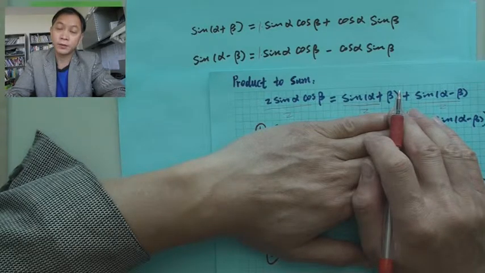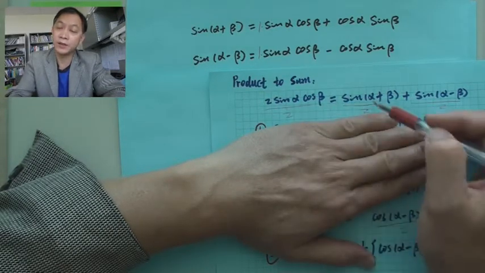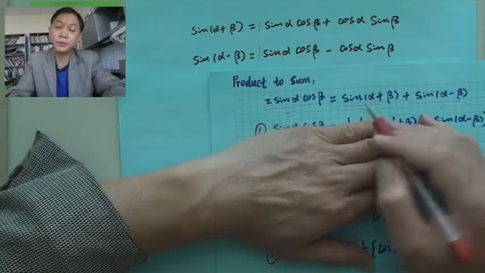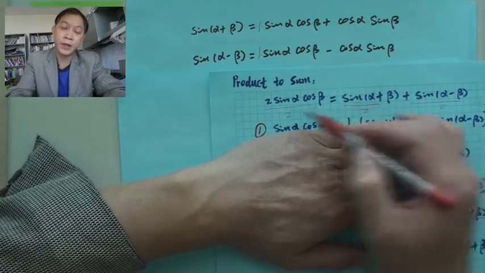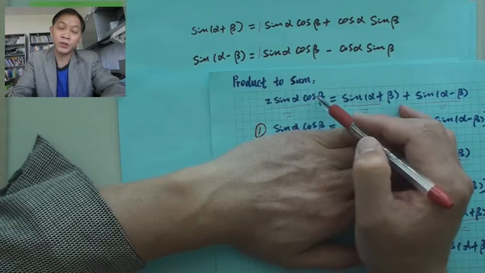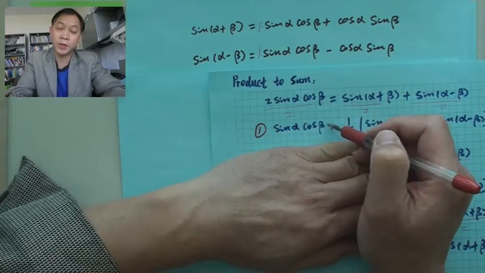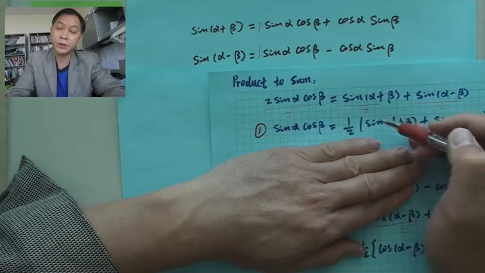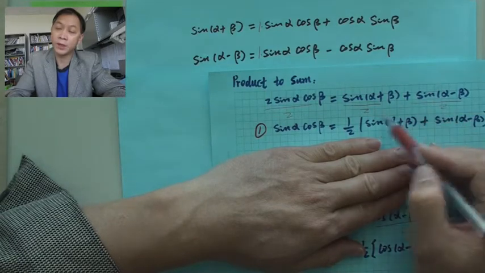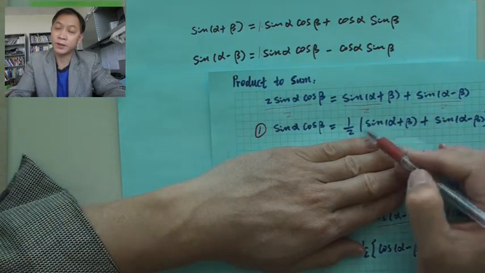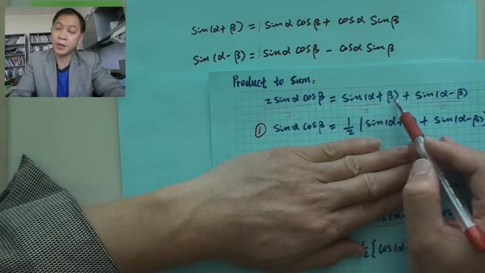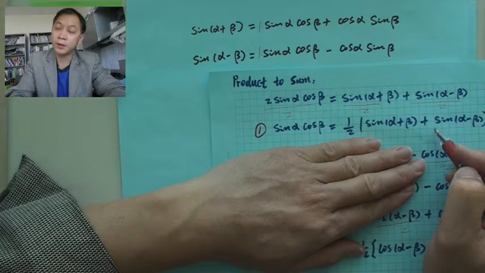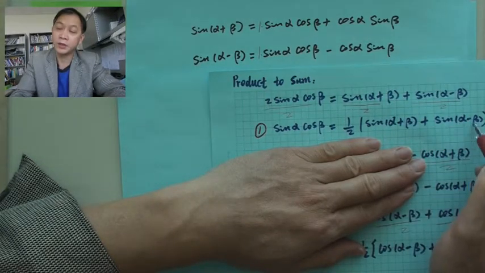So you see, if both sides are divided by 2, then you cancel these 2. You'll have sine alpha cosine beta equals 1/2 sine alpha plus beta, and then plus sine alpha minus beta.